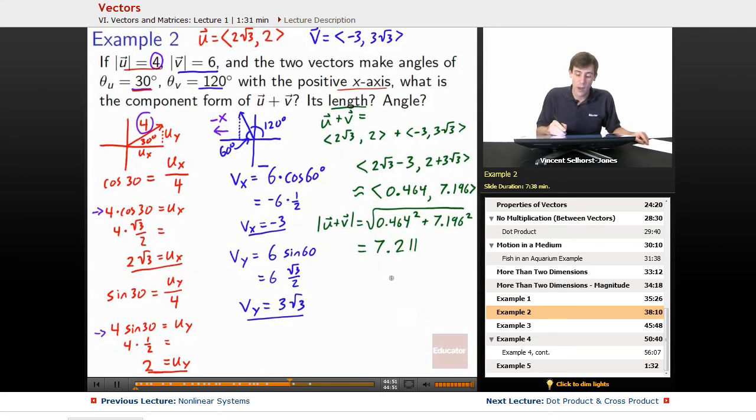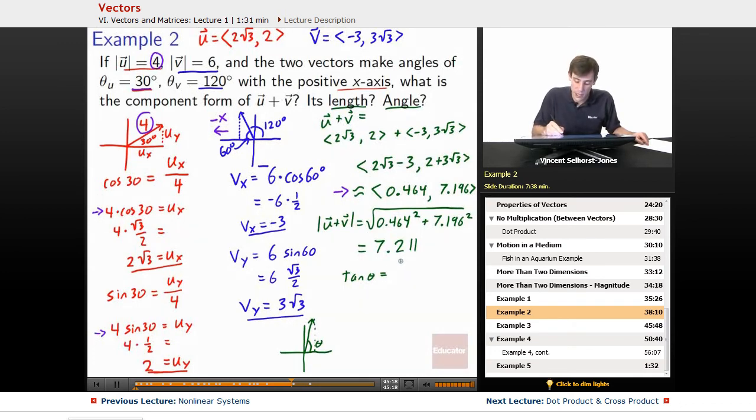If we want to figure out what angle it's at, first thing we probably want to do is draw a quick diagram so we can see it. So remember, it was at this one right here in terms of its components. So 0.464, just a little bit over on the x component, and then 7.196 up. So it's like this. So we can see that that should be what the angle is like. So remember, tan theta is equal to the side opposite divided by the side adjacent.